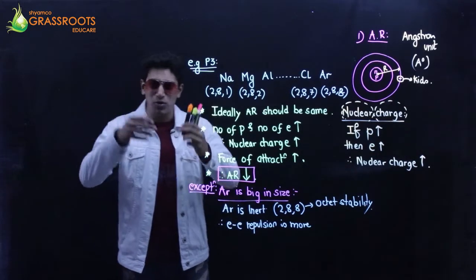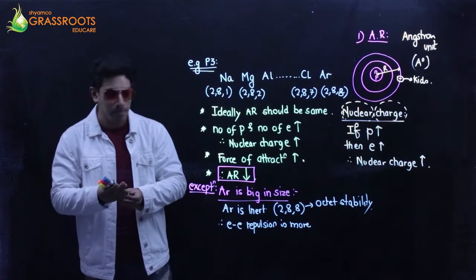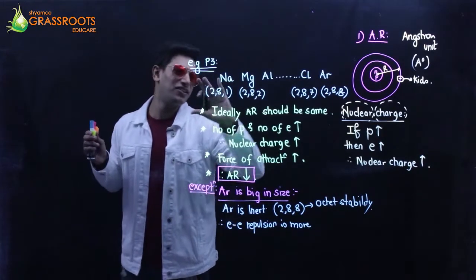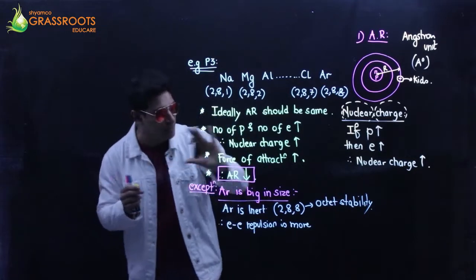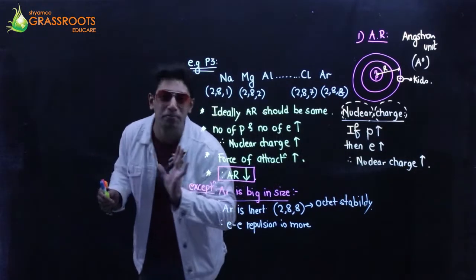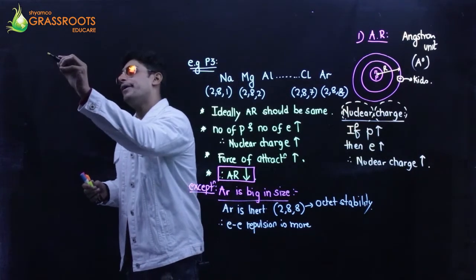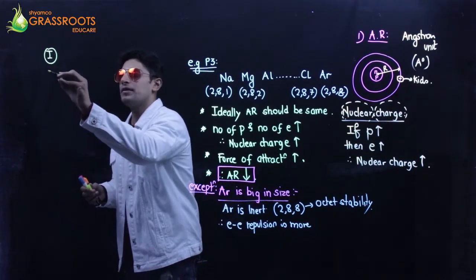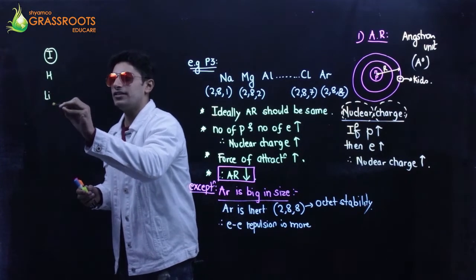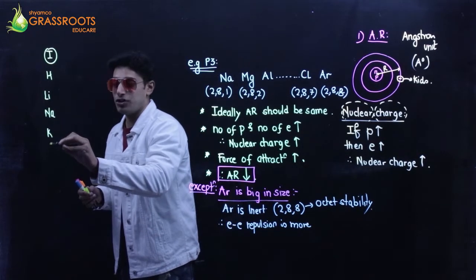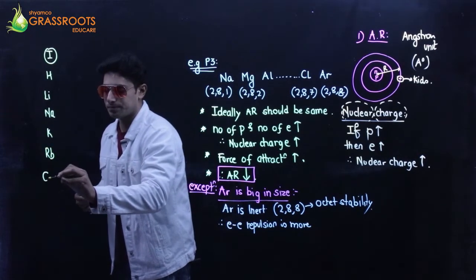All right, let's go down the group. So down the group, I talk about the first group and I explain. The trend remains the same for every period and for each group. Okay, atomic radius down the group. Group number 1, we have hydrogen, lithium, sodium, potassium, rubidium, cesium, francium.